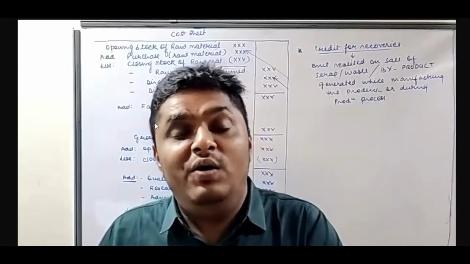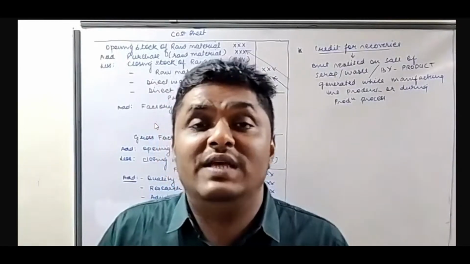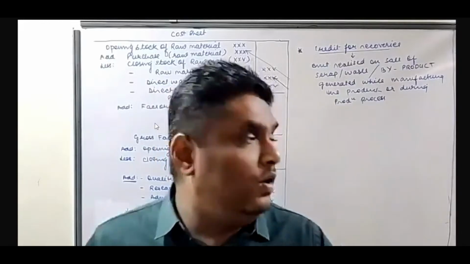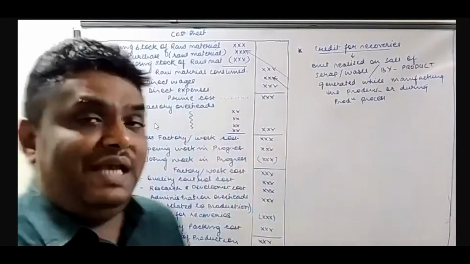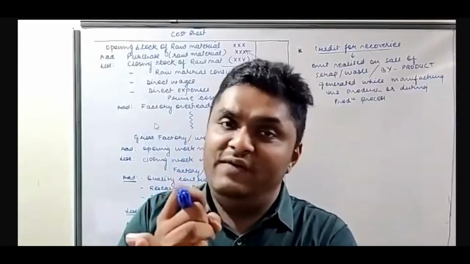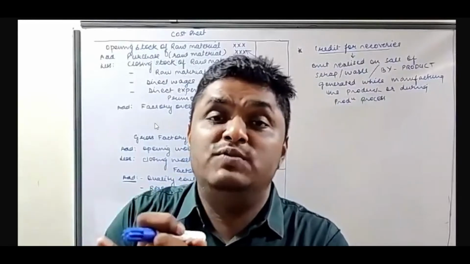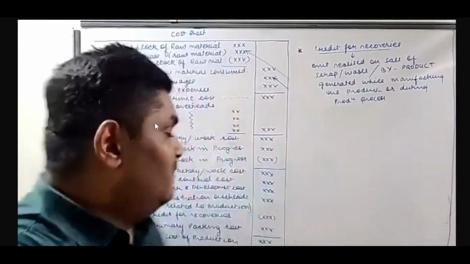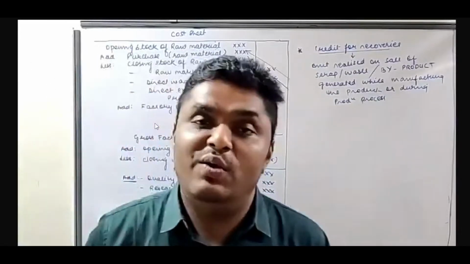But if any amount is realized on sale of scrap generated while manufacturing sugar from sugar cane, then that amount will be deducted. So sale of scrap of raw material is to be deducted from purchase price, and sale of scrap generated from the production process will be deducted while calculating the cost of production.